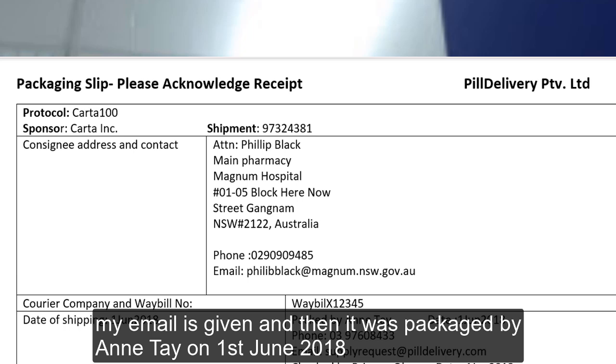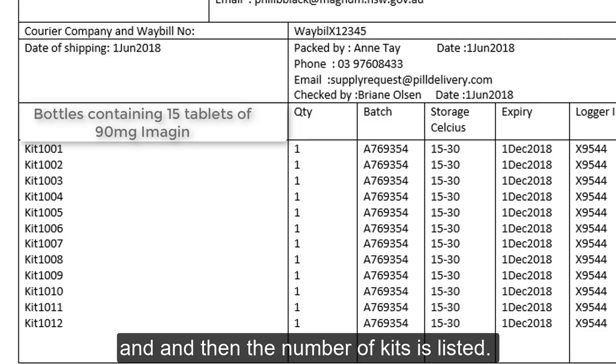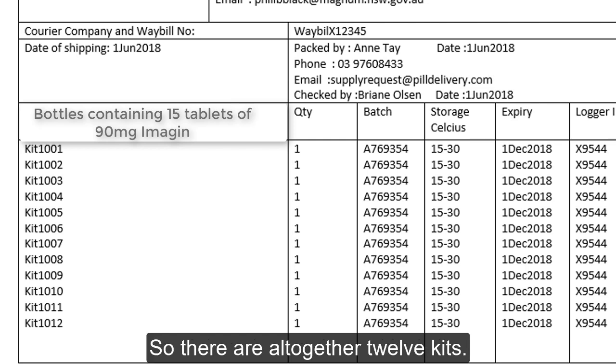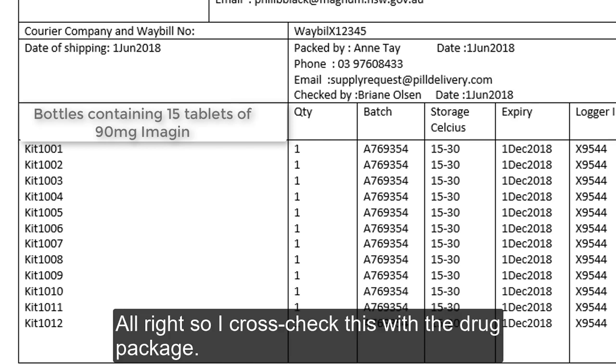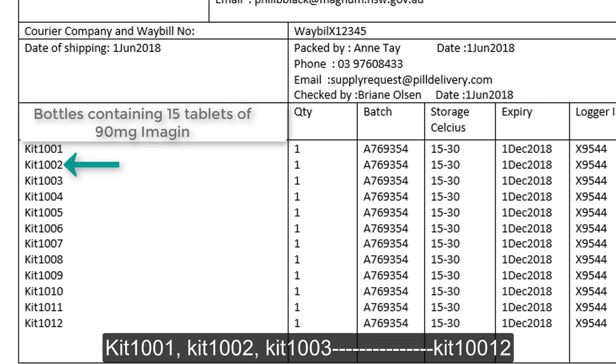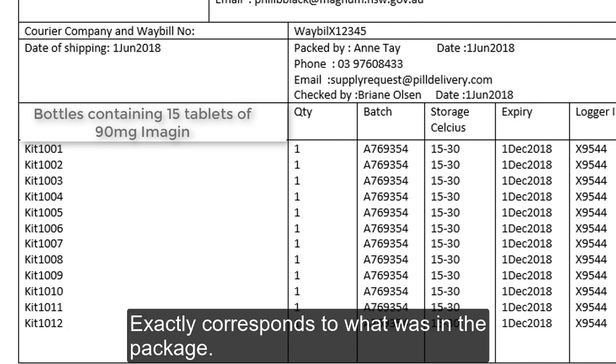It was packaged on 1st June 2018, and the number of kits is listed. There are altogether 12 kits, and each kit has 15 capsules, right? So I cross-check this with the drug package. Kit 1 is there, Kit 2 is there, 3, 4, 5, 6, 7, 8, 9, 10, 11, 12. Yes, it exactly corresponds to what was in the package.